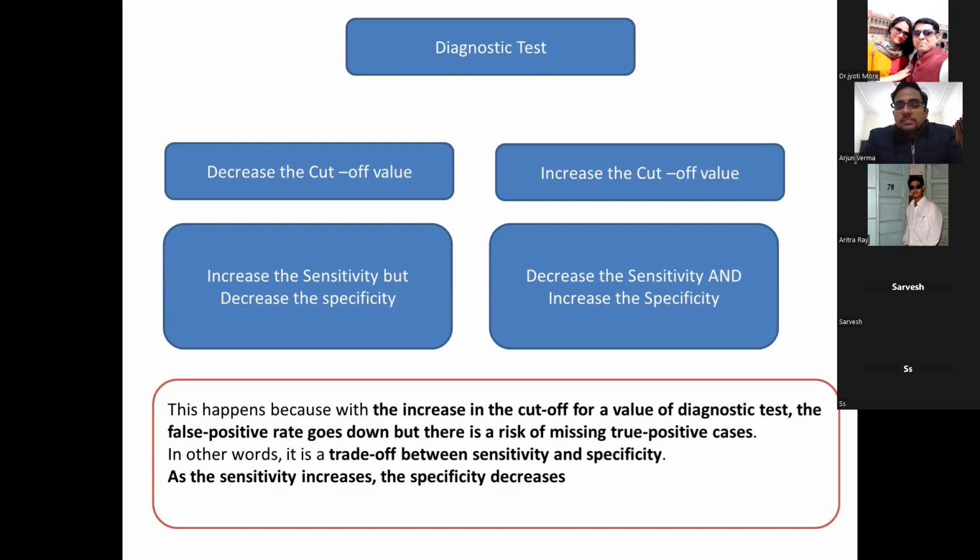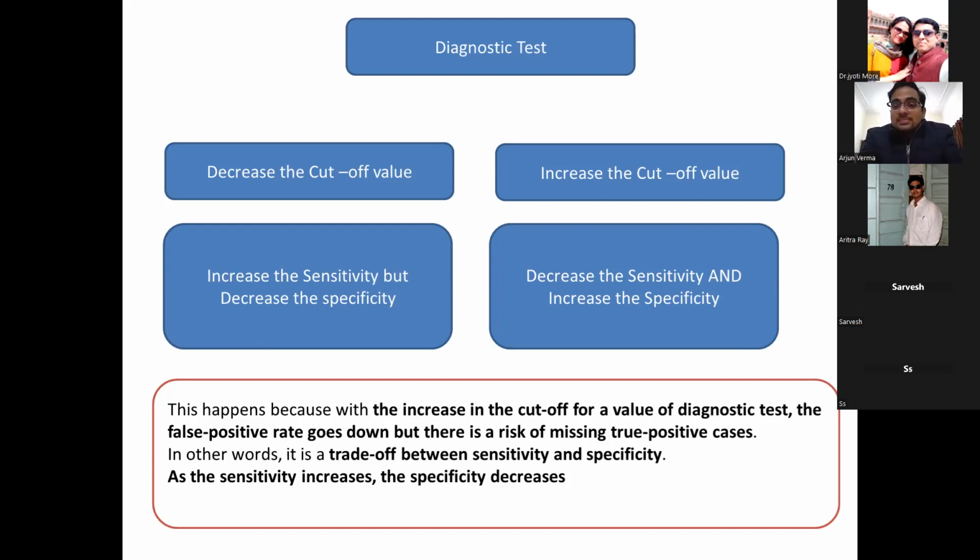So suppose we have a baby with a CRP of 10, and we keep 10 as the cutoff for bacterial sepsis, just a hypothetical one. We are not challenging any scientific basis. We are just trying to explain the meaning of sensitivity. So if the baby has a CRP of 40, definitely that is positive.